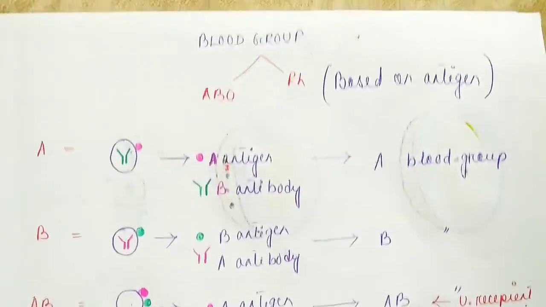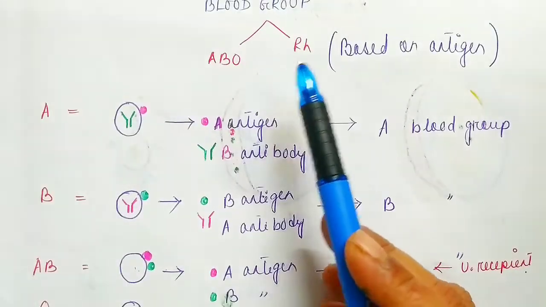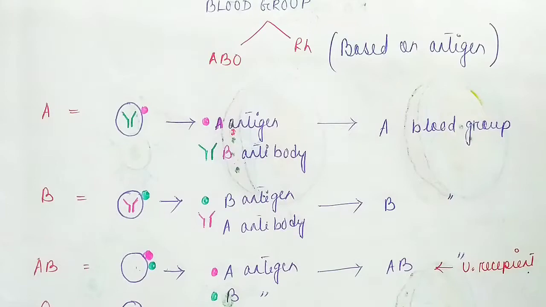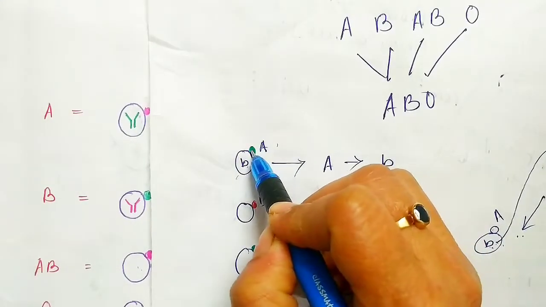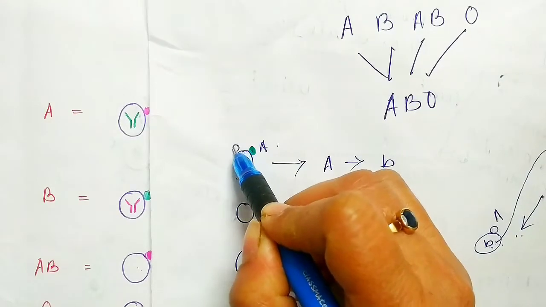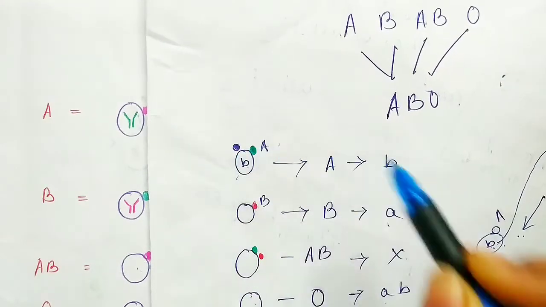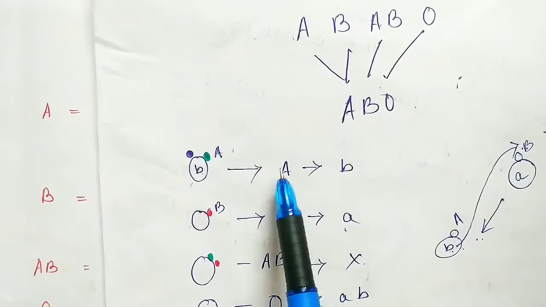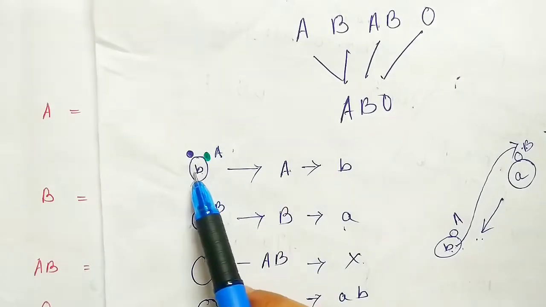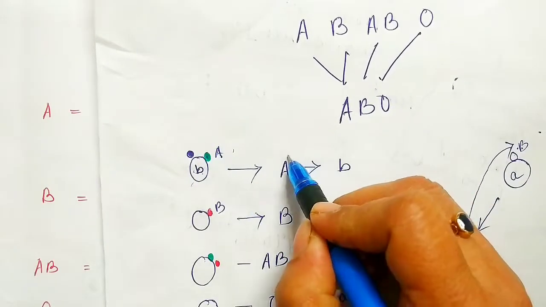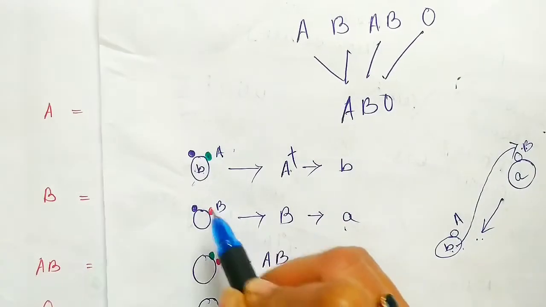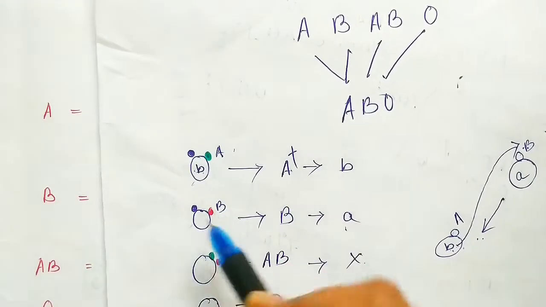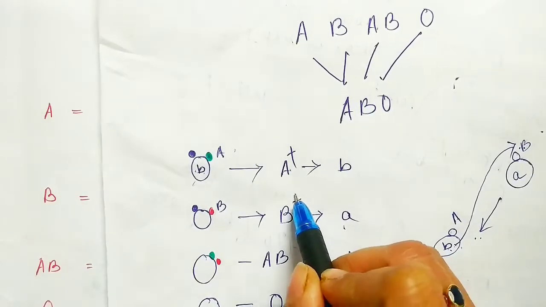Now come to the other type of blood grouping, the RH blood grouping. Suppose this is A blood group with antigen A, and if the RH antigen is also present, this blood group is called RH positive, named A positive. If the RH antigen is present on a B blood group RBC, then it is called B positive.